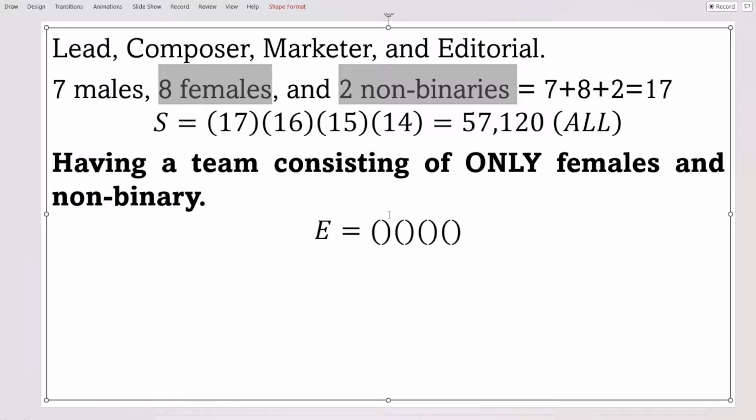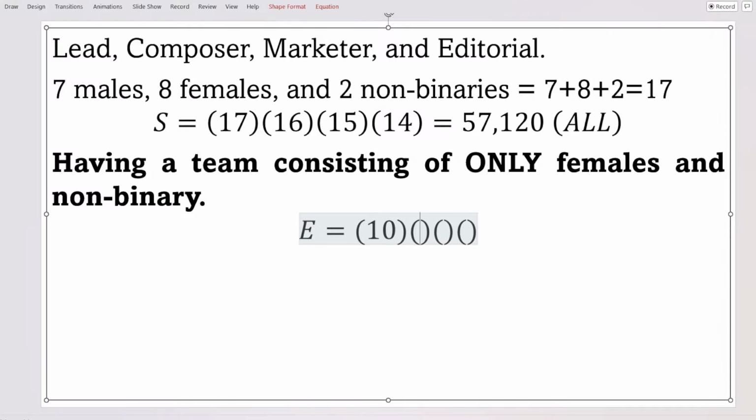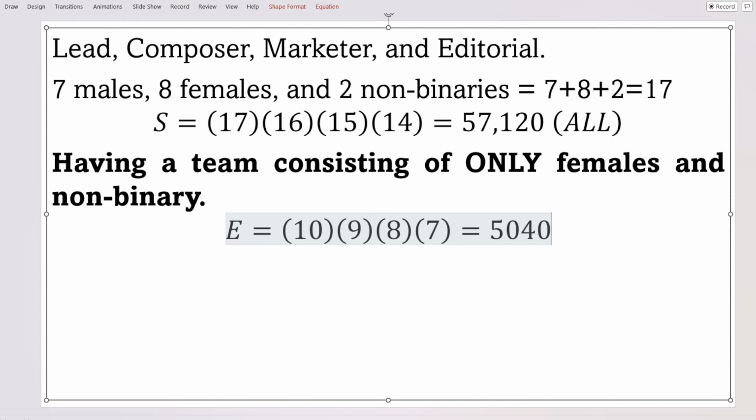So that means for the lead, we have 10 people. For the next slot, we have 9 because we used the one person for the lead. Of course, 9 will be here. And then 8 choices and then 7 choices. So the number of outcomes for this one is just 5,040.